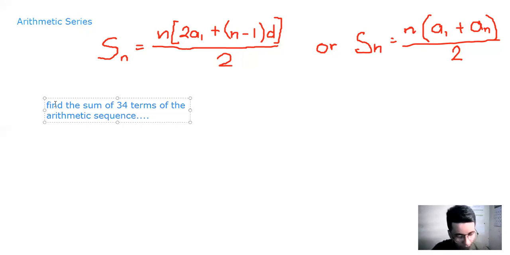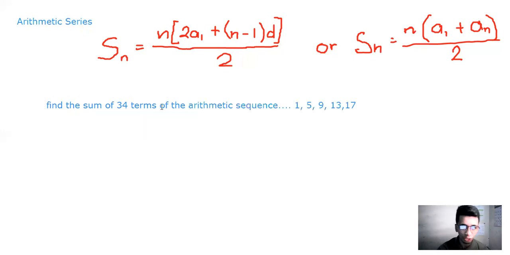Mali nga. 1, 5, 9, 13, and 17. Now, ito yung given natin kauna-unahan. Find the sum of the first 34 terms of the arithmetic sequence 1, 5, 9, 13, and 17.